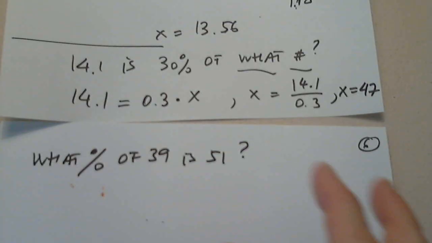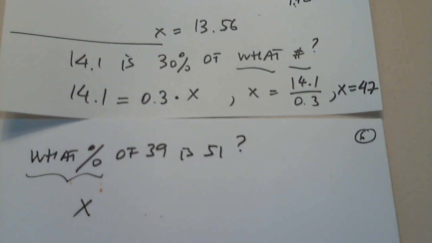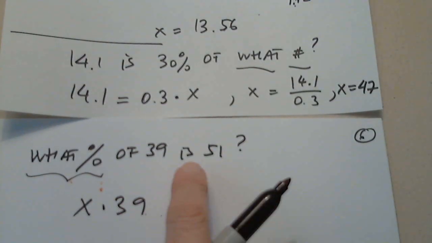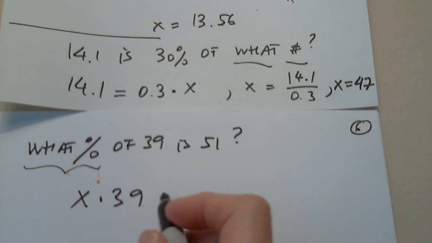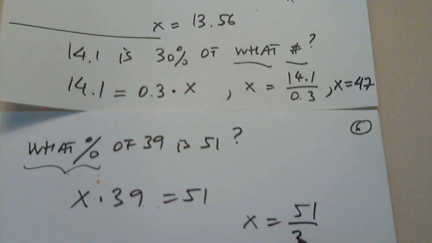So what percent or what number? This must be x, or any letter, it doesn't matter. What does of 39 mean? How do I change that? Times 39. Excellent. What about is 51? What do I do now? Equals 51. That's it. So then x equals 51 over 39.